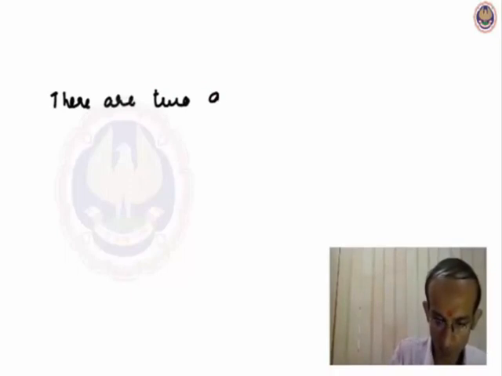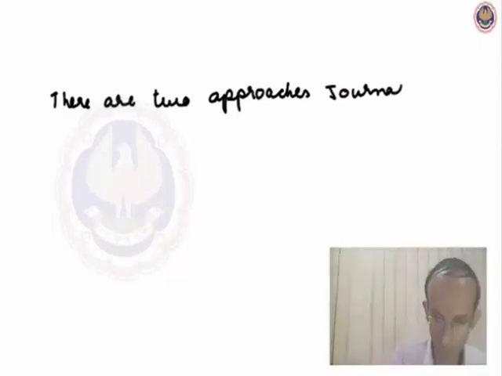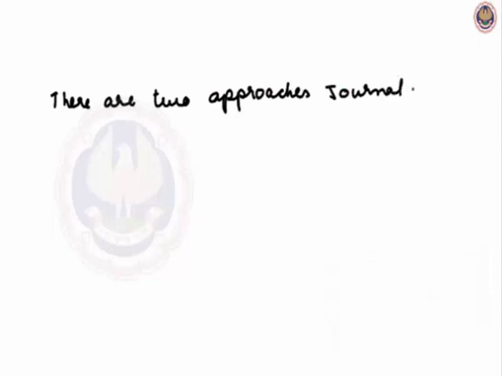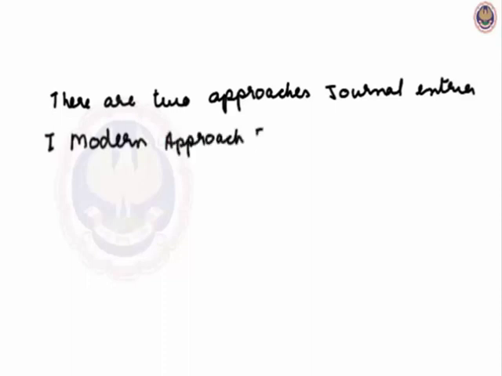There are two approaches for all the journal entries which we pass, not only in India but all over the world itself. First approach, we take it as modern approach. Its other name is American approach also.